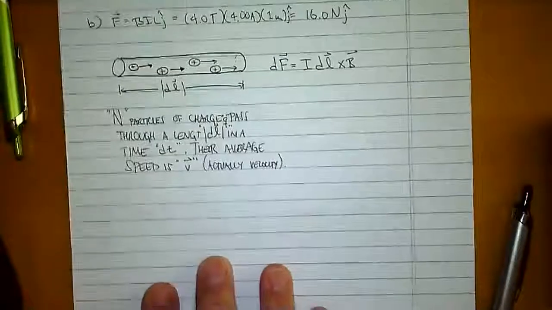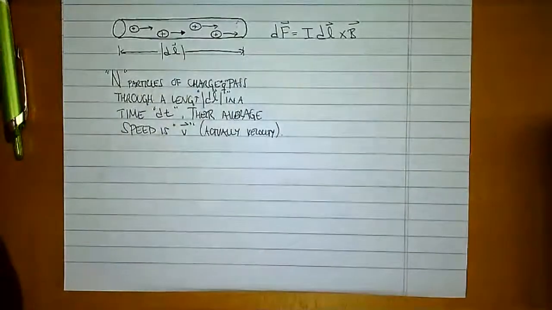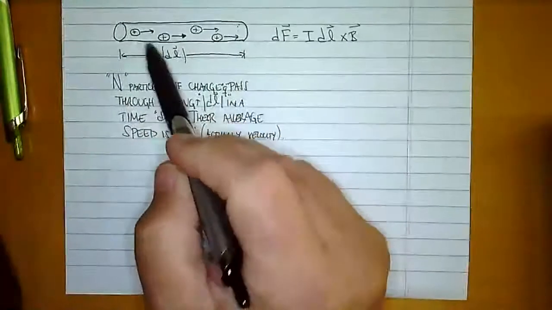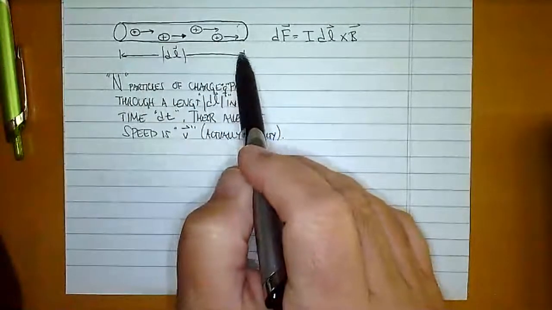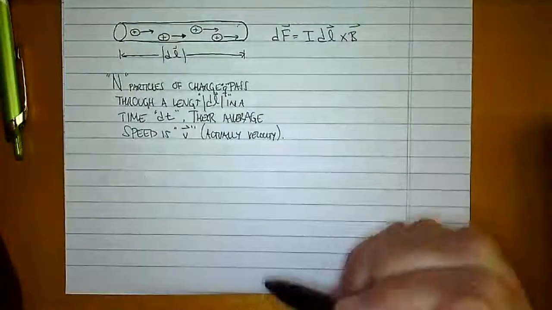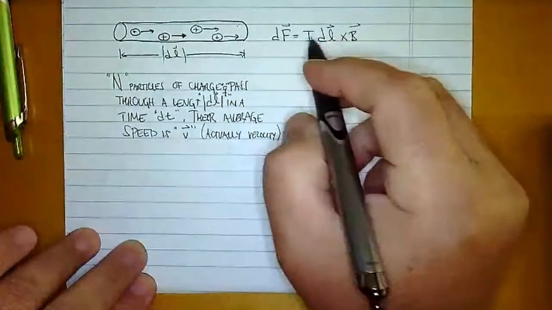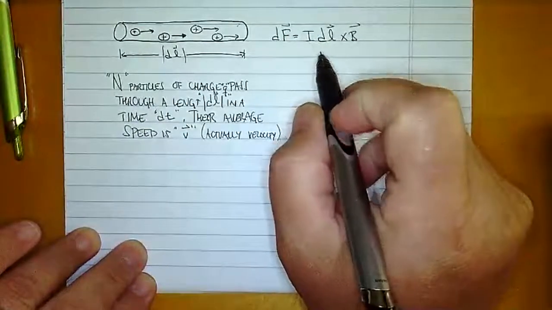Let me turn on my dot cam. So you can see I've drawn a diagram of basically a bunch of positive charges moving through a segment of wire. Let's say the length of the wire is dl, not unlike the dl that's here. So what we know is the current is a total of charge passing through in a certain amount of time.